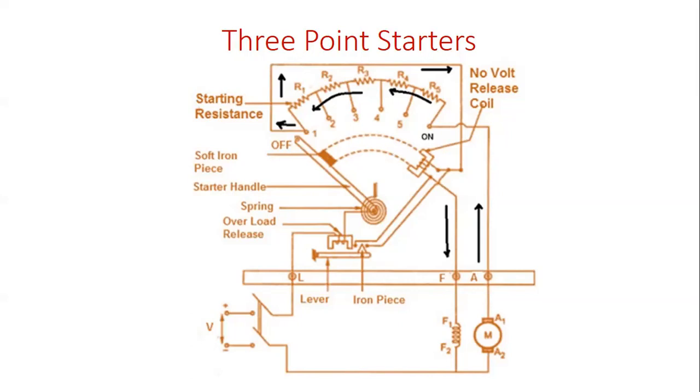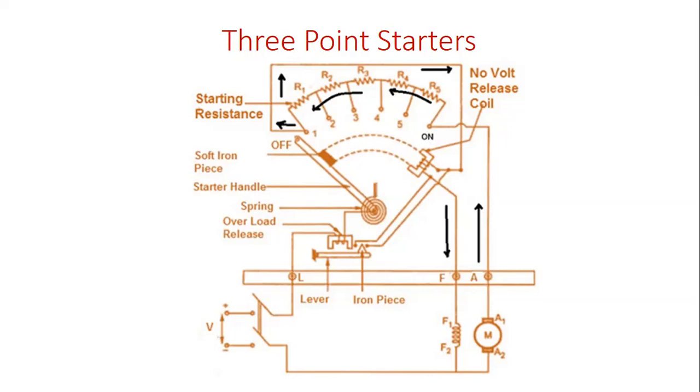So in order to avoid all those things, when it takes the supply from the voltage terminal via the line point here, it enters into the overload relay coil, right?